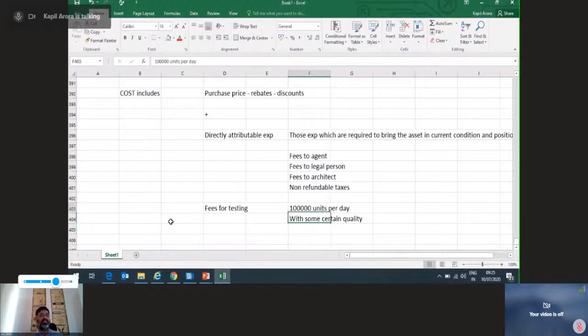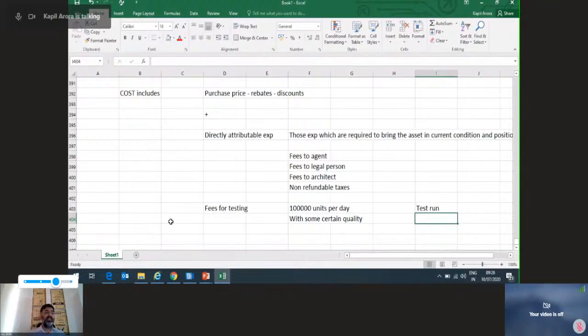Now, to ensure whether they are producing the same way or not, what I do is a test run, to ensure that the machinery is working in the same manner as I wanted it to work.